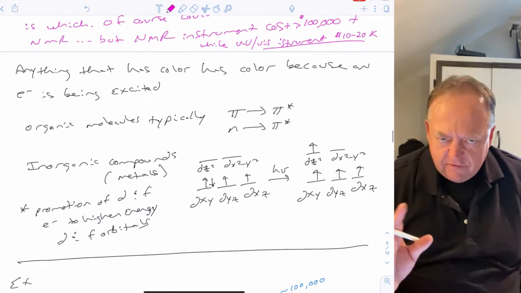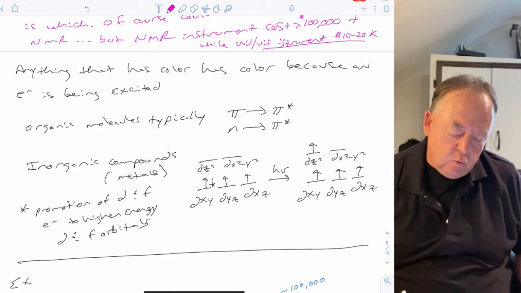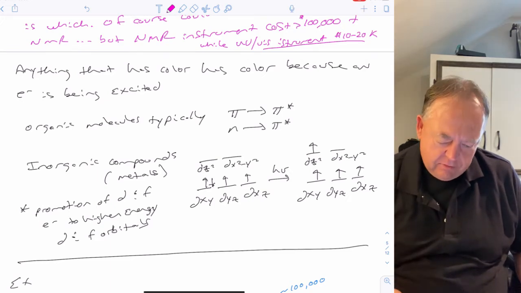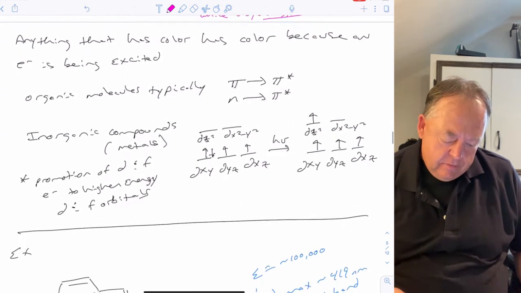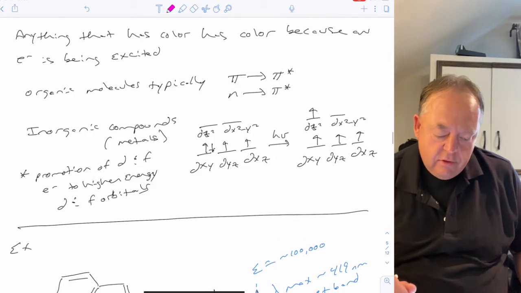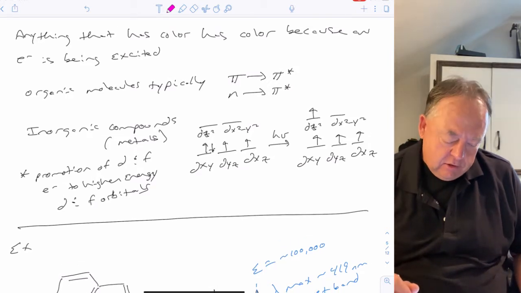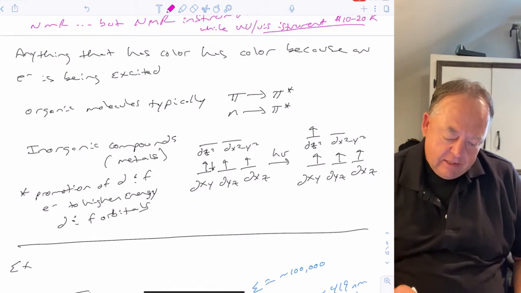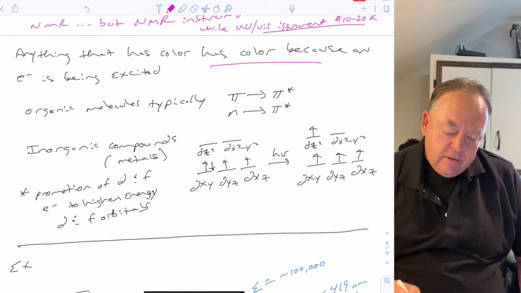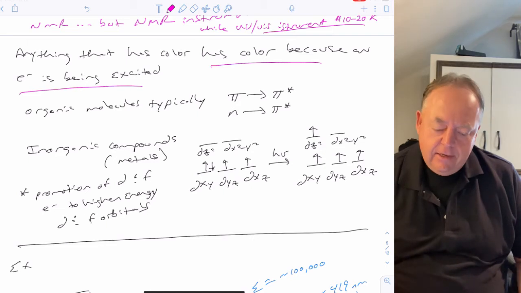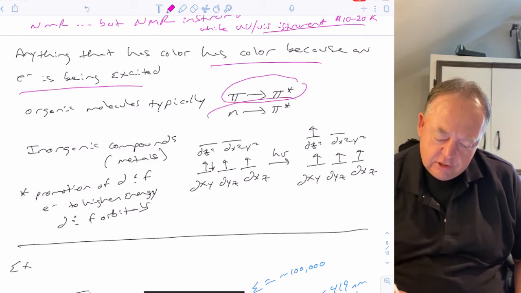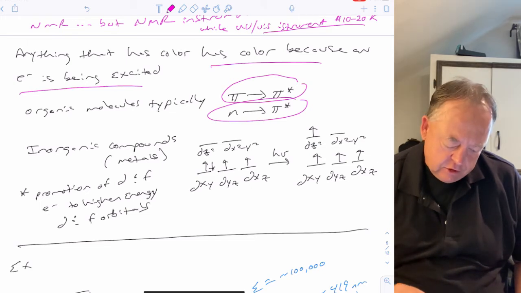Of course, there are lots of other things that you can do with UV Vis as well, but if we're just talking about getting structural information about your molecule, then that's one of the things that UV Vis spectroscopy can easily do for you. So basically anything that has color is because an electron is being excited. In organic chemistry, that's typically a pi to pi star transition or an n to pi star transition.